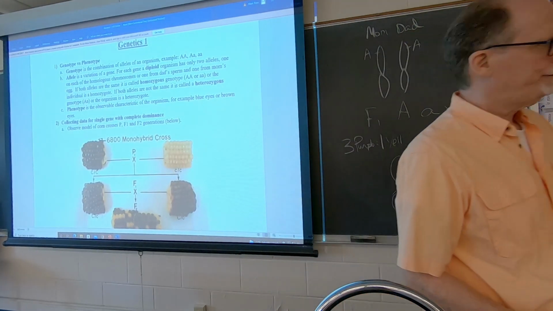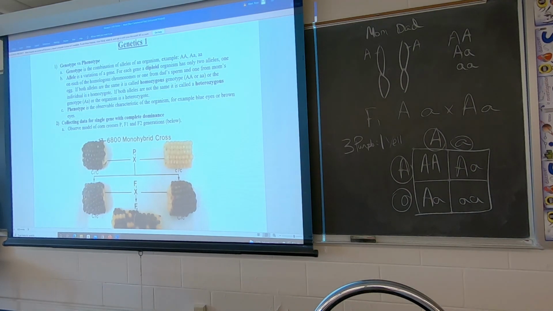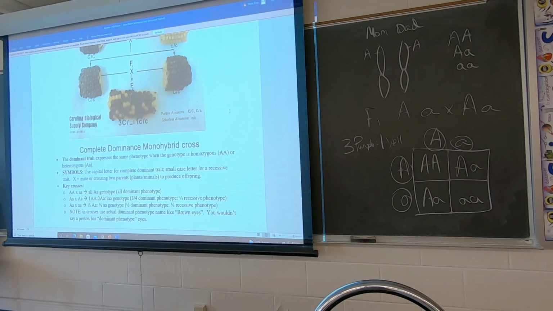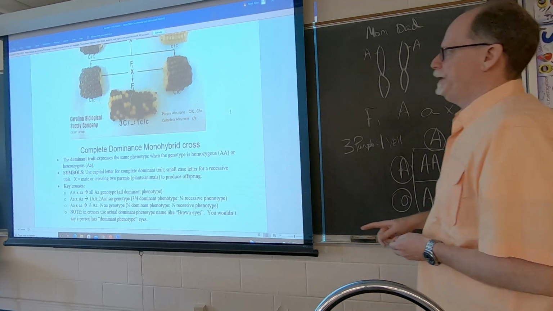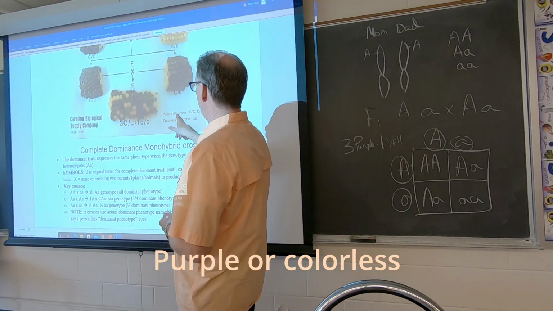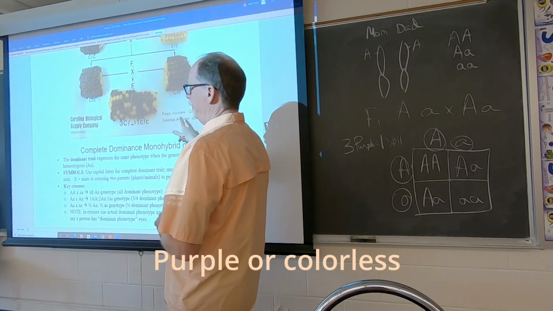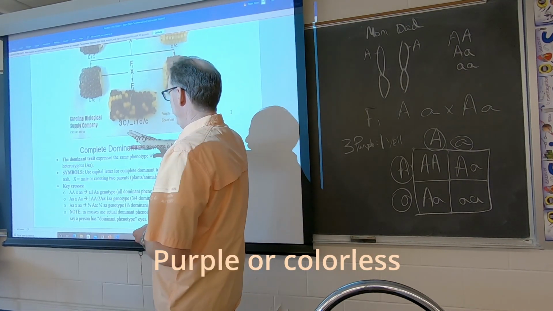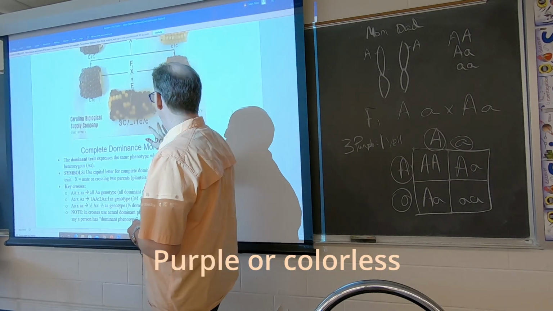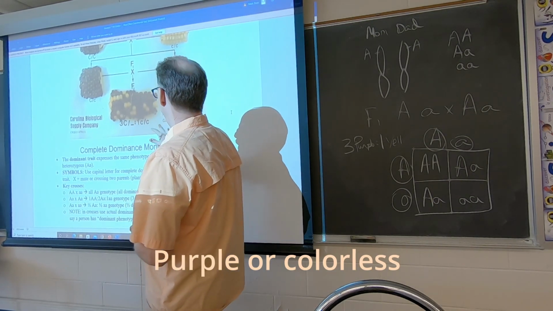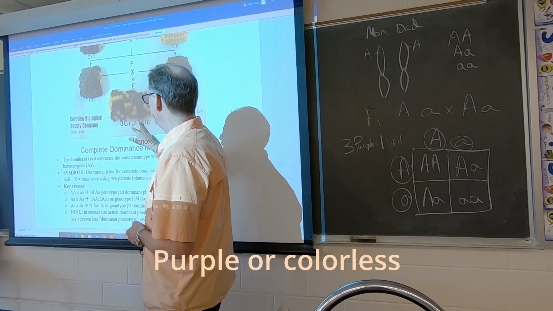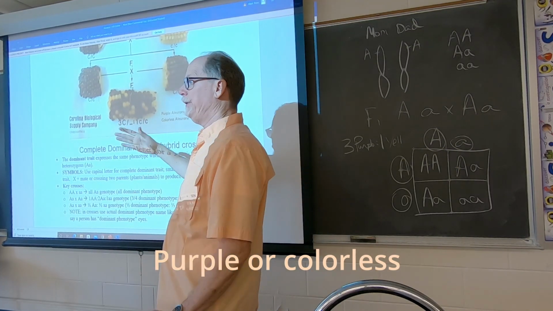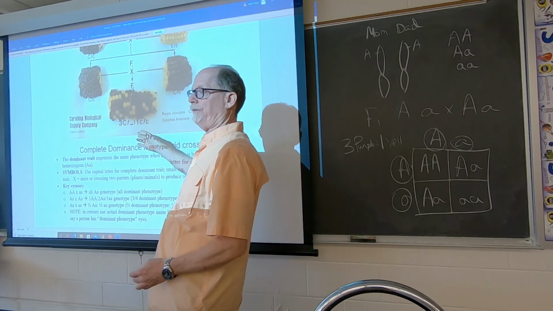And at the bottom of the box, you can see this is the phenotype: purple aleurone, colorless aleurone. You can just put purple and colorless for your answer. 3 purple to 1 colorless. These are the genotypes here. They're not telling you the phenotype. If you put genotypes when I'm asking for phenotypes, it's wrong.